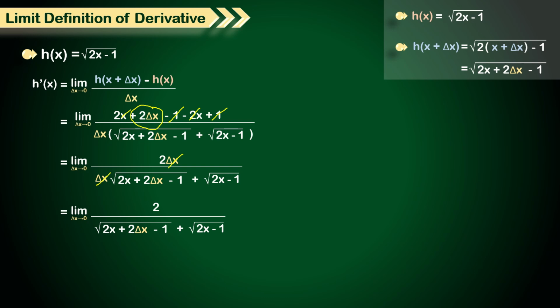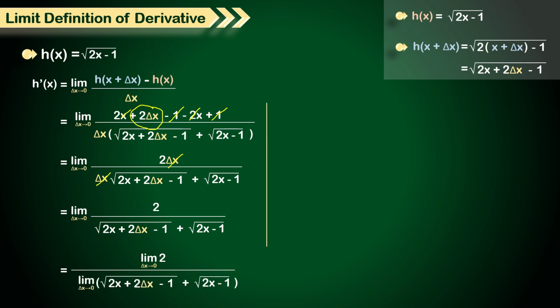Apply the limit property. The limit of the numerator as delta x approaches 0 and the limit of the denominator as delta x approaches 0. Continue. Rewrite the numerator over the limit of the square root of 2x plus 2 delta x minus 1 as delta x approaches 0 added to the limit of the square root of 2x minus 1 as delta x approaches 0.